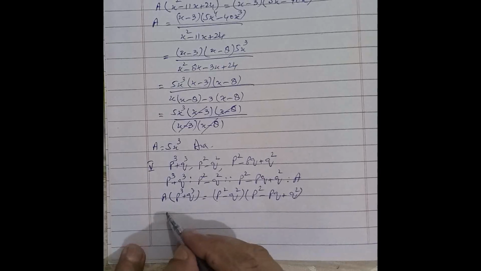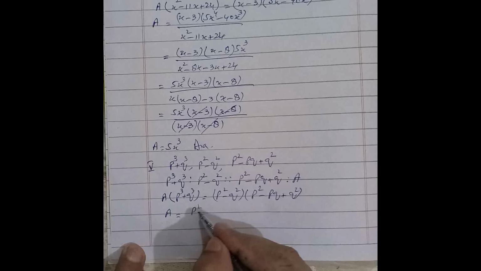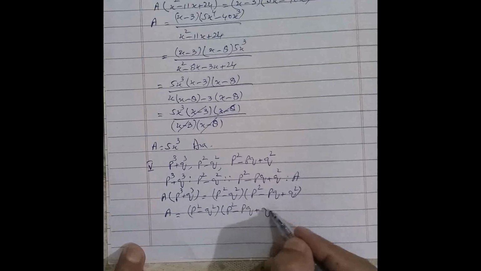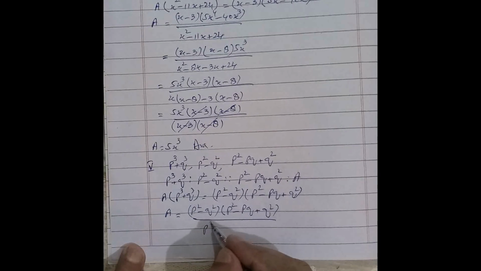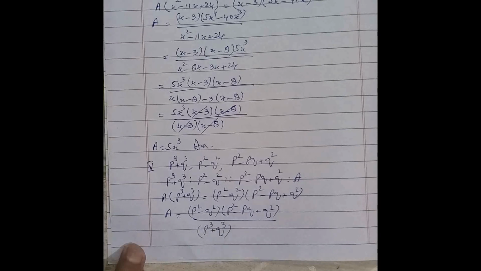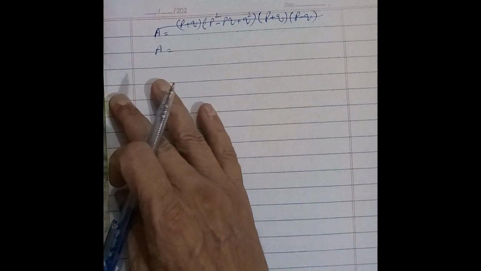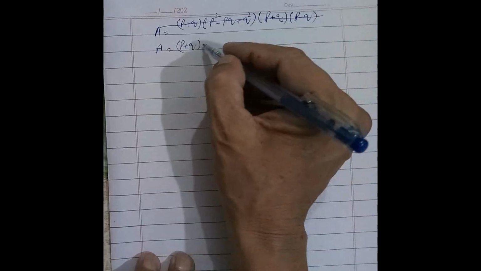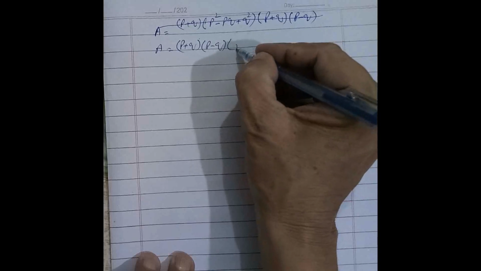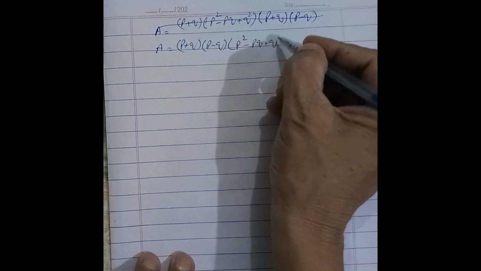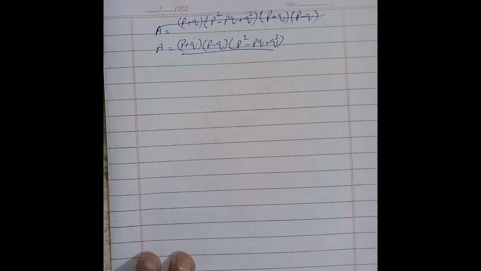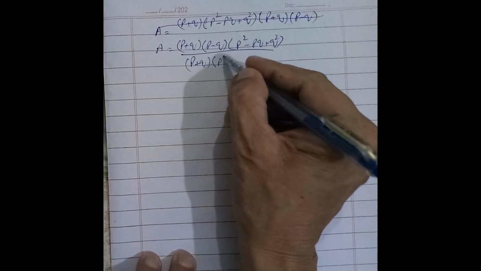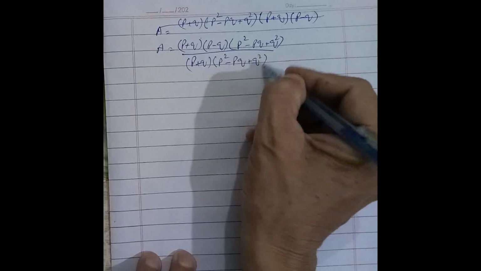Further we simplify to find the value of A. A is equal to P square minus Q square into P square minus PQ plus Q square over P3 plus Q3, equal to P plus Q, P minus Q into P square minus PQ plus Q square over P3 plus Q3, we write it P plus Q into P square minus PQ plus Q square.